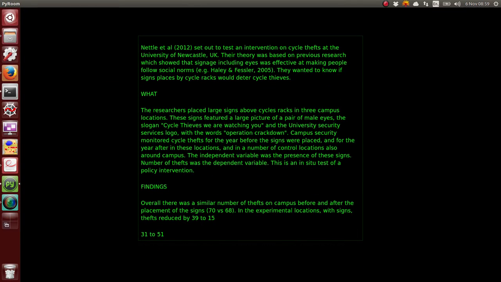Okay. So in the experimental locations with signs, theft reduced by 39 to 15.